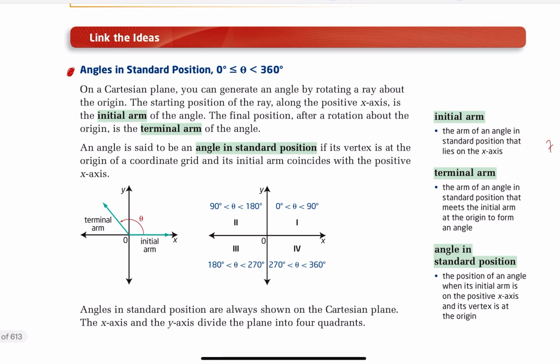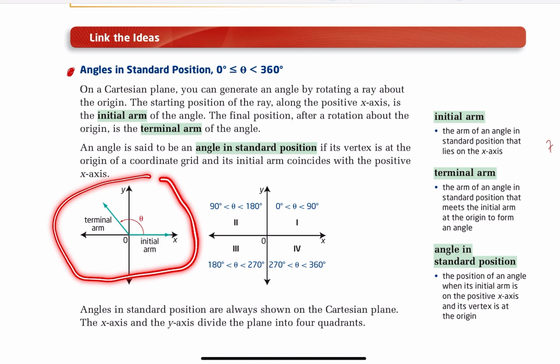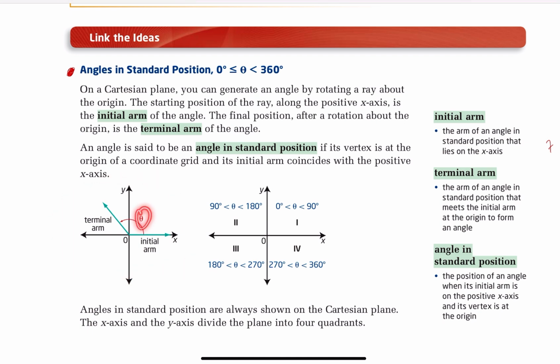So if you are given just this figure, and they are asking about this angle theta, can you find what the angle is between? You can automatically say theta is between 0 and 180, or even 90 and 180, in this quadrant.